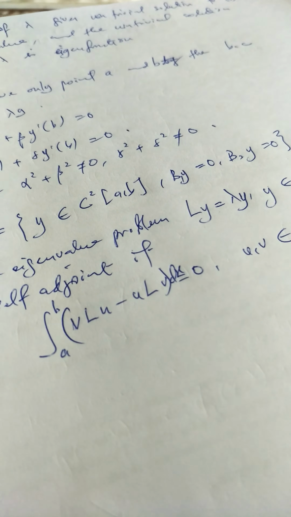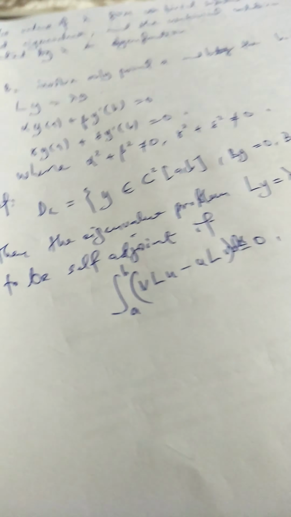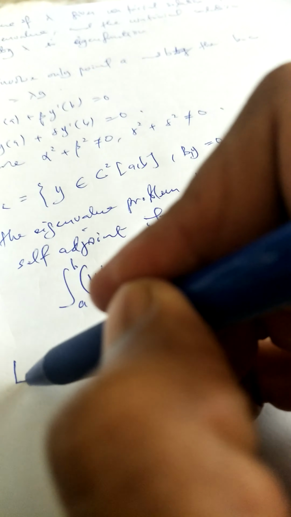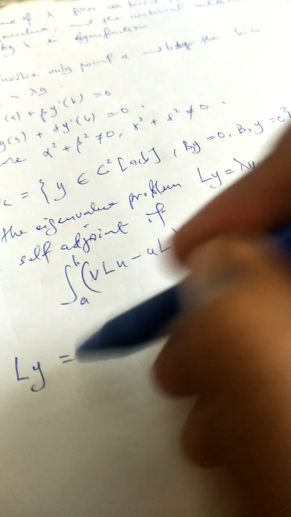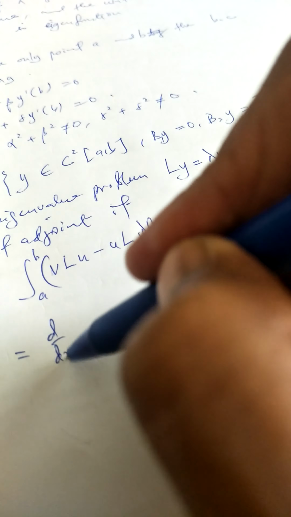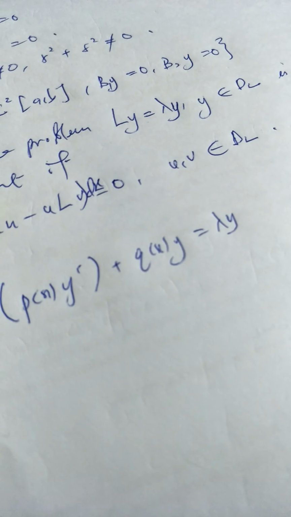In this second part, I will focus on the eigenvalue problem Ly, which is d/dx (p y') plus q(x) y equal to lambda y, with the boundary conditions B1 y equal to 0, B2 y equal to 0.